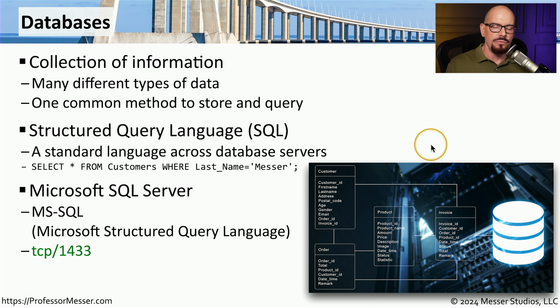Microsoft has its own form of SQL database called the Microsoft SQL Server, or MS-SQL. It stands for Microsoft Structured Query Language, and it very commonly uses TCP port 1433. There are other types of SQL databases you might find on your network, and they usually use different port numbers. So if you see TCP port 1433, then you're probably using a Microsoft SQL Server.